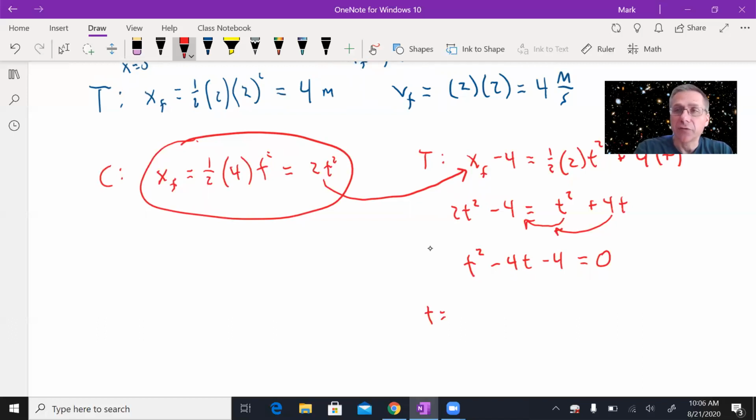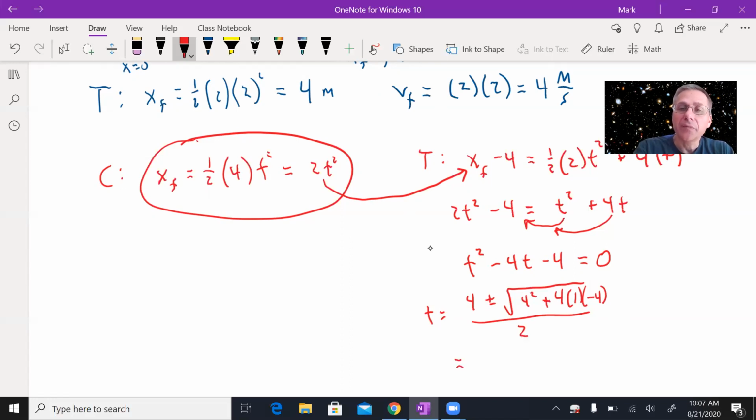Now, a lot of you might just have this already pre-programmed in the calculator. If you do it from scratch, it's negative b plus or minus the square root of b squared, so it's going to be 4 squared, plus 4ac. That's all over 2a, which would just give us 2.